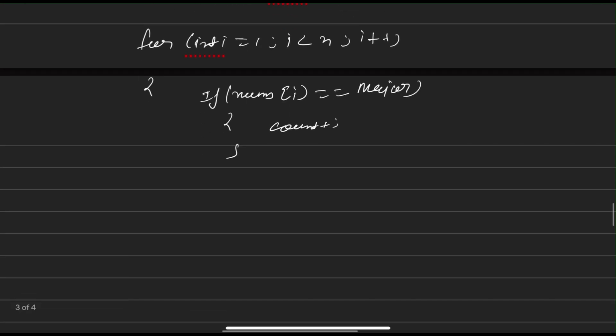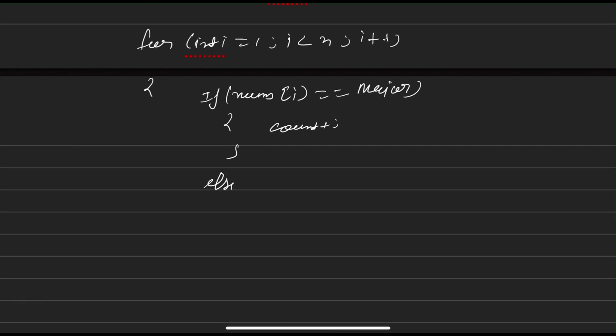Otherwise, if my current number is not equal to the majority element, I just decrement the value of count.